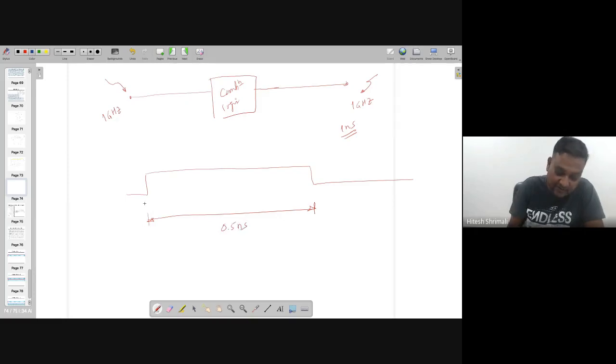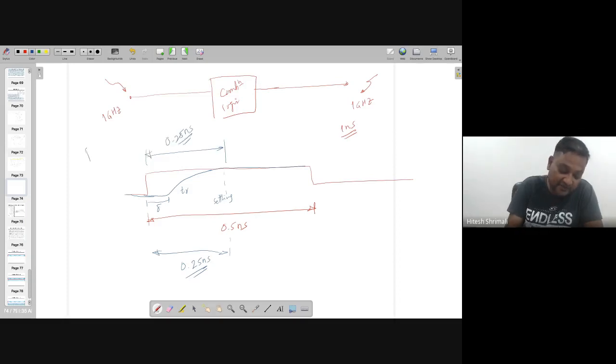So I am going to make the budget that the delay, rise time, even settling, all such times are much before 0.5 nanosecond. Let's make it 0.25 nanosecond. So you know that you can afford the delay of 0.25 nanosecond only.